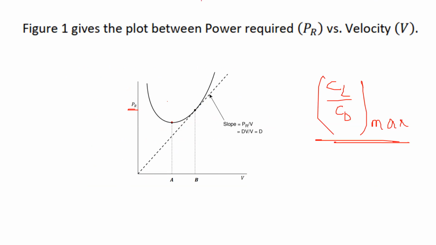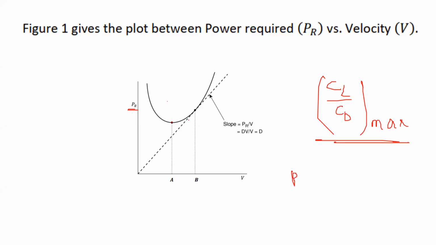Yes, sir. I did. Point B is the point where the slope of this line is minimum. So it is the point where the drag is minimum, because P upon V is directly proportional to D, because power required is drag into velocity. So this is a point where the drag is minimum. That will be CL by CD maximum. That's correct. This is exactly the answer.